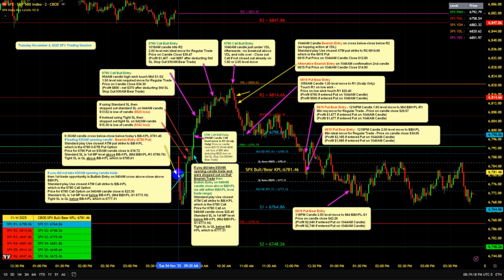It could have opened below, stayed below, and closed below. It could have also opened above, gone above, but then closed below. The main point is that no matter how it travels intra-bar, it is closing below.